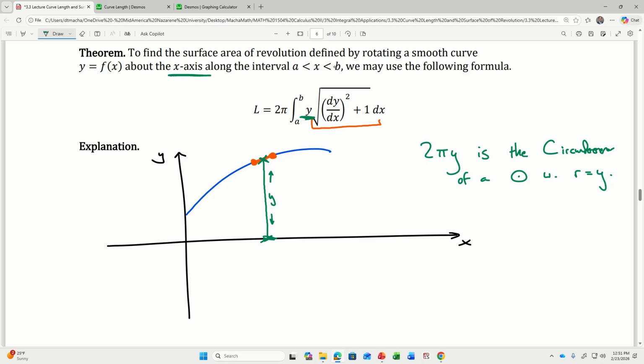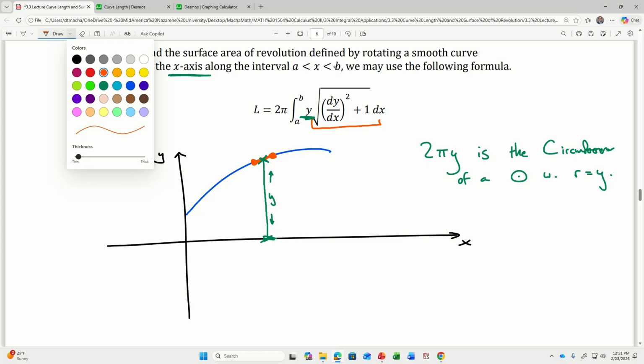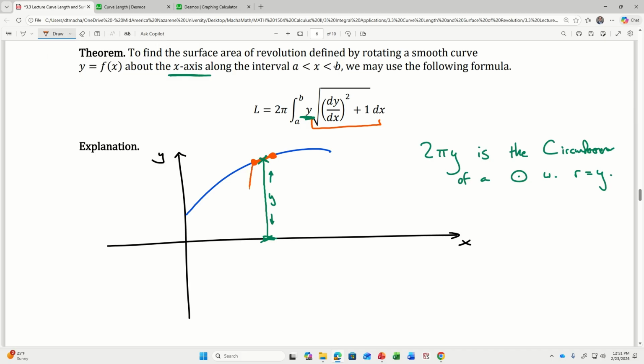So if I write 2 pi y times the length of this orange line segment, it's the circumference of a circle times the length of the line segment. It's kind of going to give me the lateral surface area of a very short cylinder.